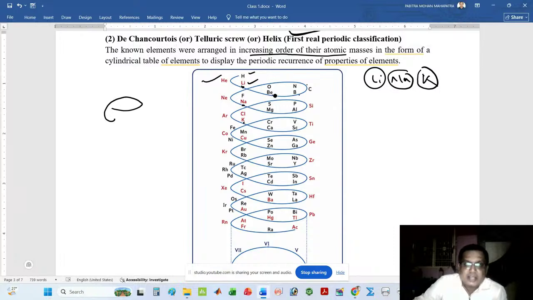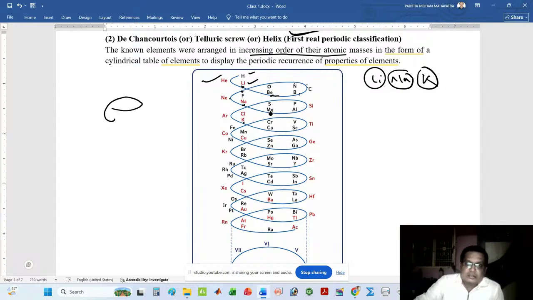Similarly, suppose you think about beryllium. Start your journey from beryllium, go to boron, next carbon, next nitrogen, next oxygen, next fluorine, next neon, next sodium, next you will come to magnesium. When you reach magnesium, then you complete a circle. Similarly, go another circle.